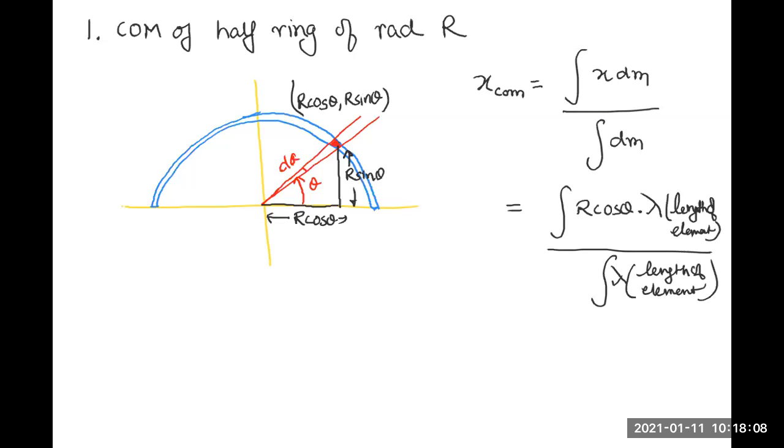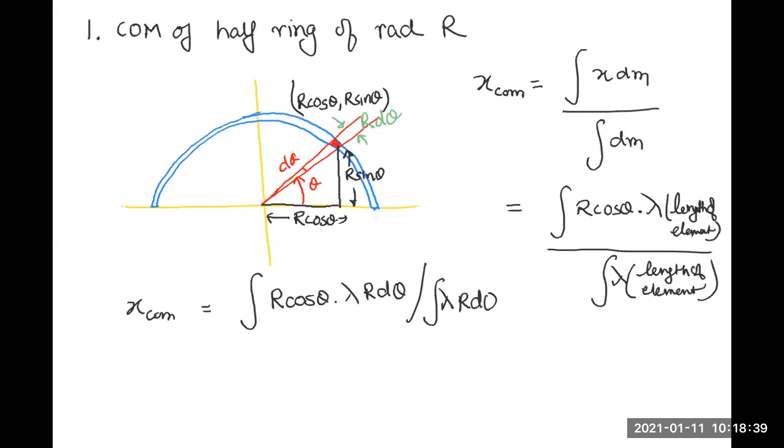So we know that angle is equal to arc upon radius, and therefore the length of this element must be equal to r d theta, that is radius into angle. Okay? So I get x coordinate of center of mass is equal to integral of r cosine theta into lambda r d theta divided by integral of lambda r d theta.